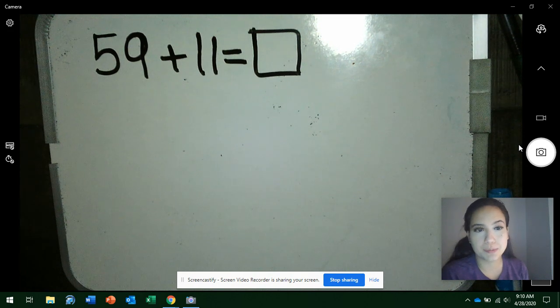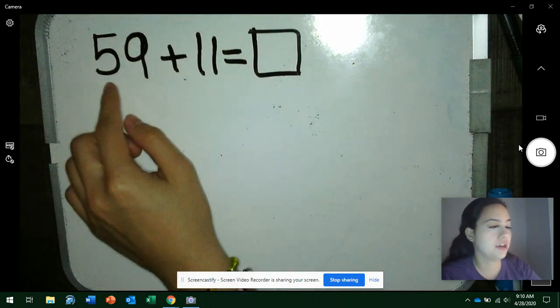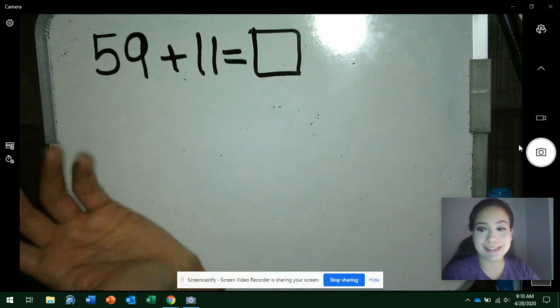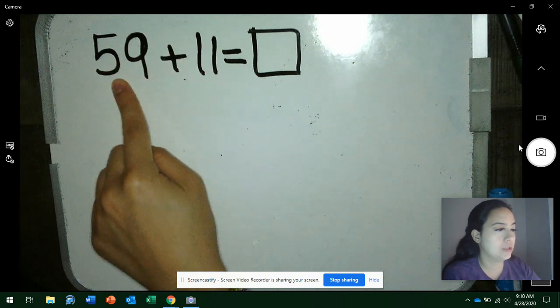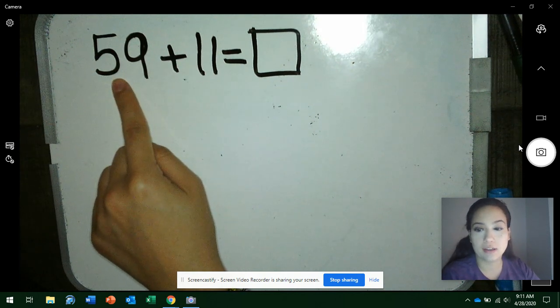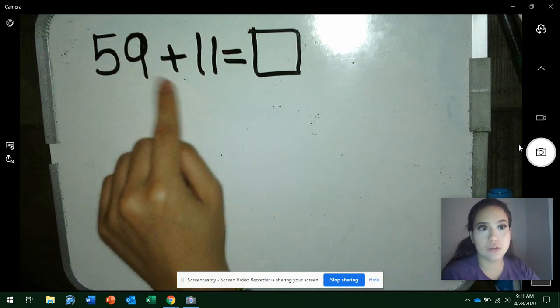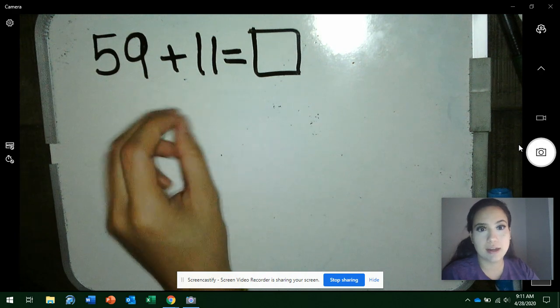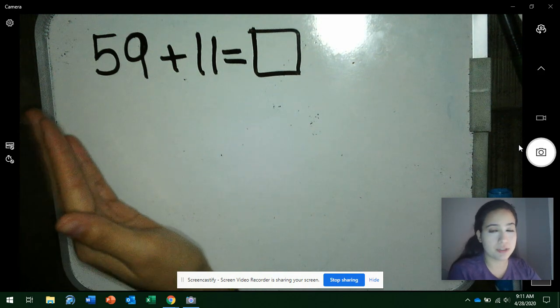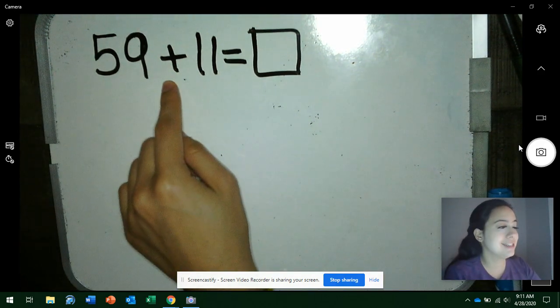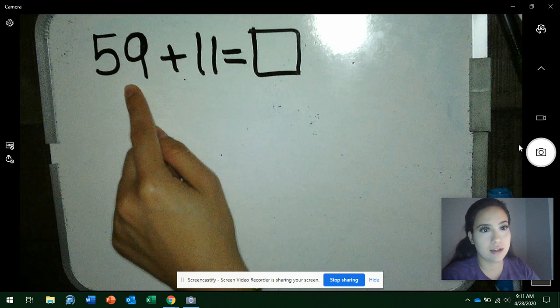We're going to break apart the number that can get us to the number that's closer to the next 10. So for example here, we said, what's the next 10 for 59? 50 or 60? Get ready? 60, right? Because we can't go backwards, boys and girls. We're going forward. So 60 would be the next 10 for 59.